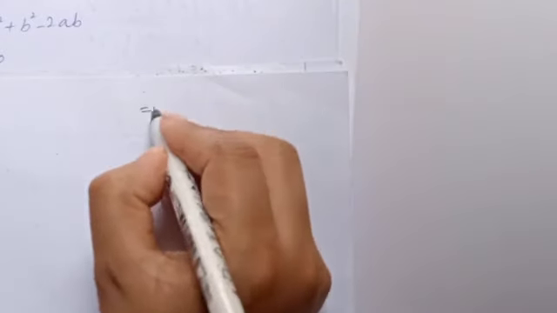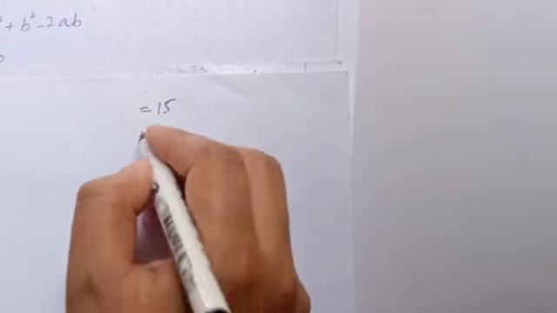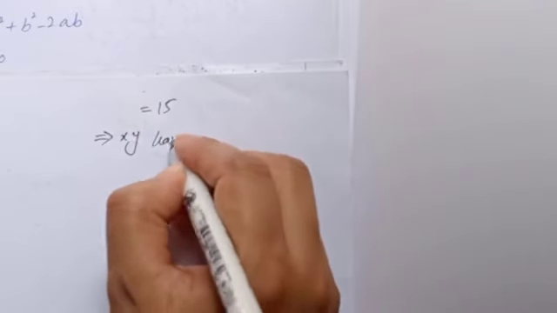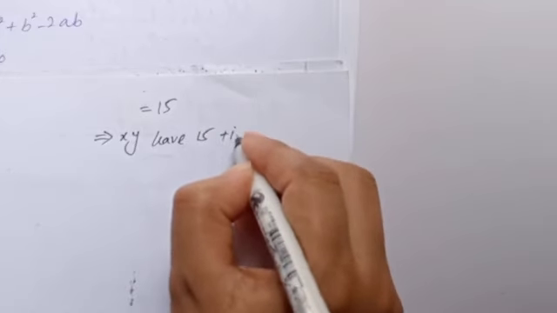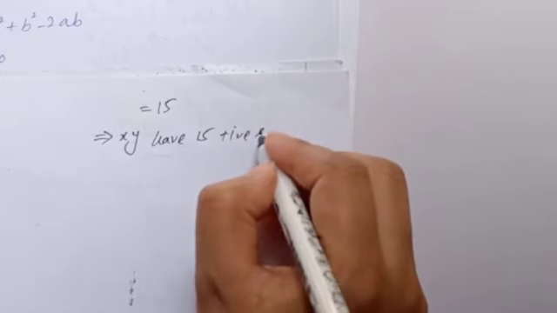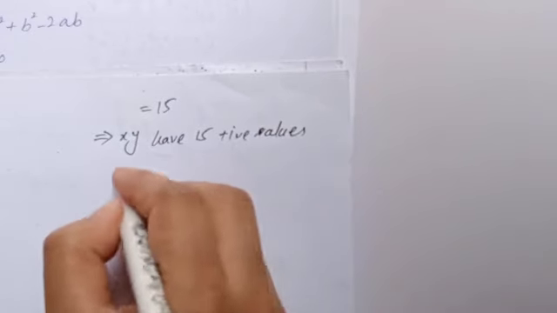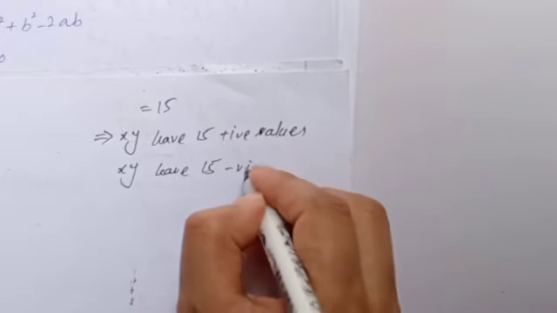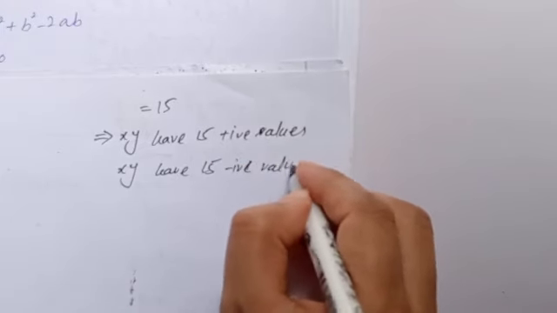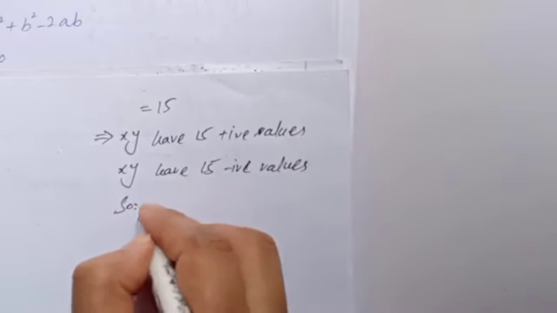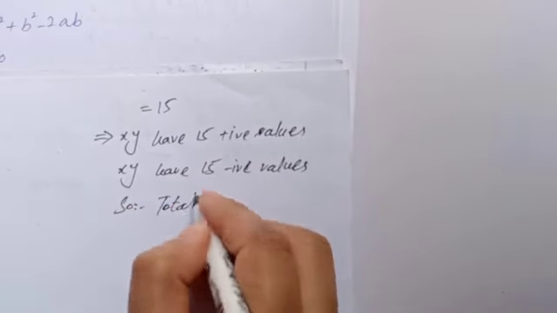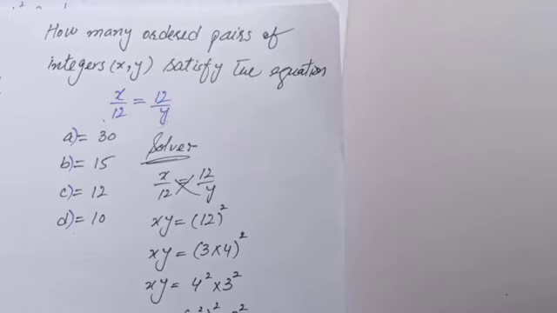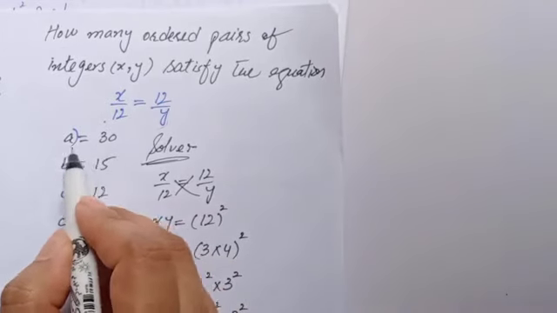So 15 positive values are here, and at the same time 15 negative values. So xy has positive and negative values. The total number of values is 15 plus 15, which is 30. So here we have 30 ordered pairs, that is, option A is the right option.